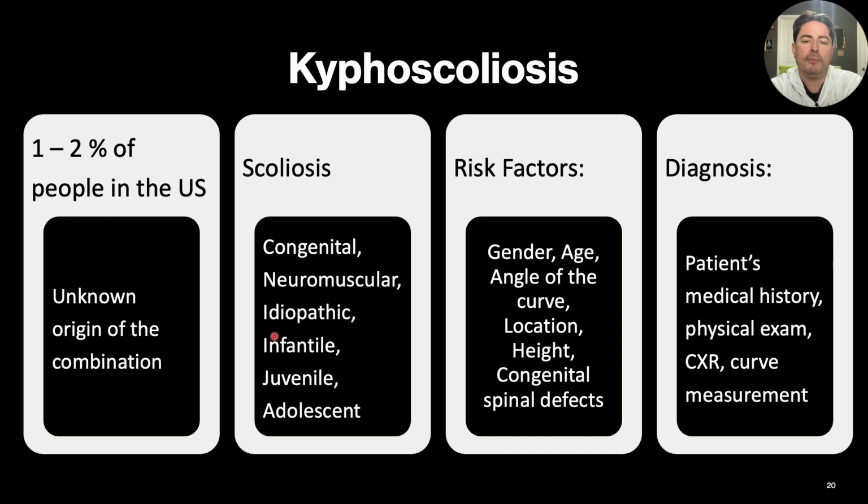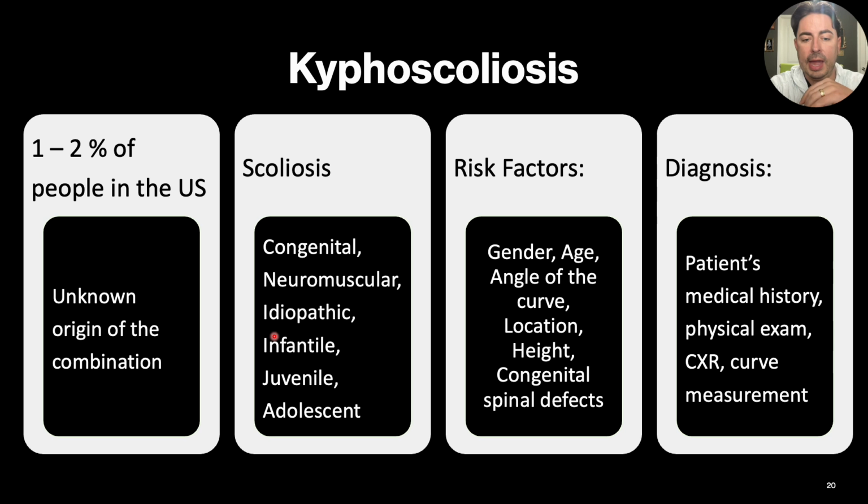When we break this down in scoliosis by itself, this can be a number of different things. It can be congenital, it can be neuromuscular, it can happen from an idiopathic or unknown origin. It can happen at an infant stage, a juvenile stage, or an adolescent stage.